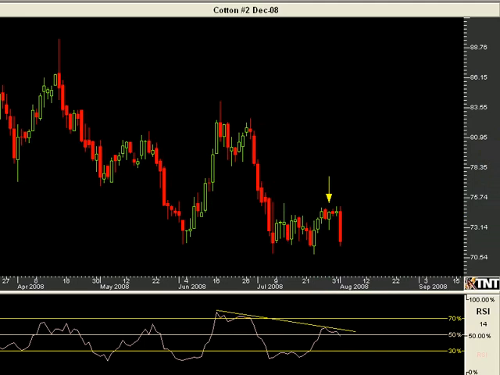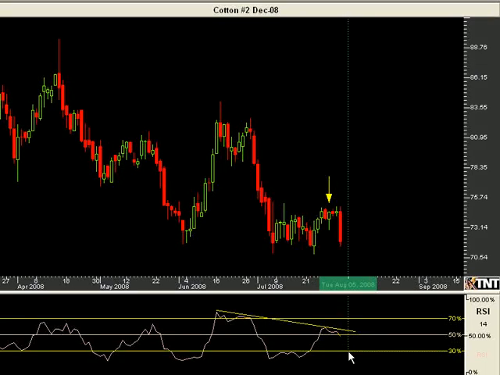Next couple of sessions after that are rather quiet, and then we get this big move lower. And you will see this happen time and again. Now, the way RSI has formed here, this is actually our third bounce, and as such, I would probably expect the market to continue lower, or at least the indicator to continue lower.